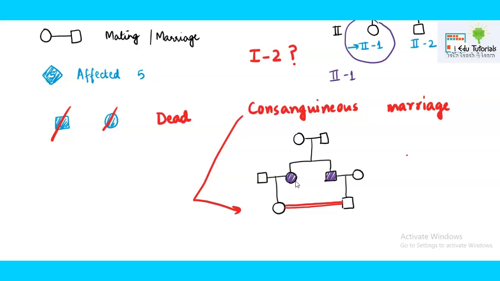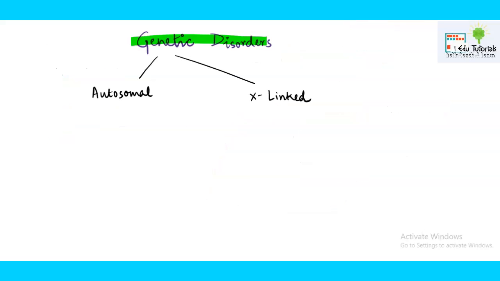These types of marriages are very important for genetic counselors when they are detecting genetic traits. Now we will study the genetic disorders. Genetic disorders could be autosomal if they are regulated by autosomes, and you know that human beings have 22 pairs of autosomes. However, it could be an X-linked disorder also if they are carried by the X chromosomes. Autosomal disorders could be in the recessive condition or in the dominant condition.